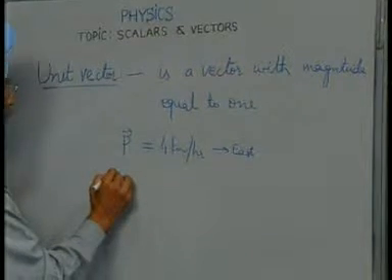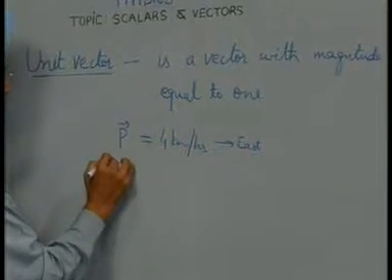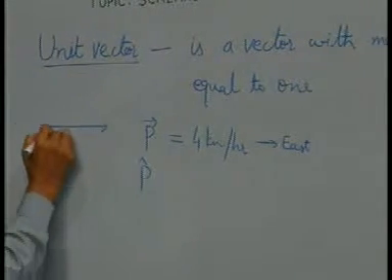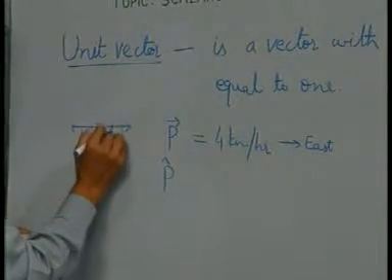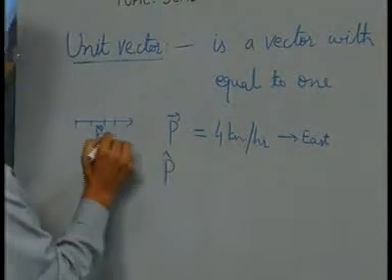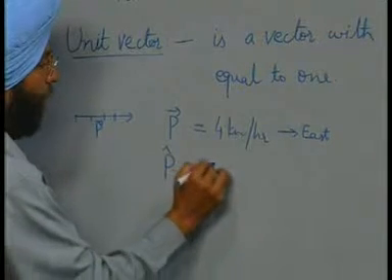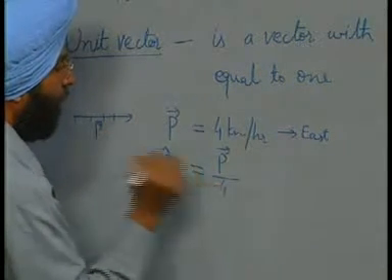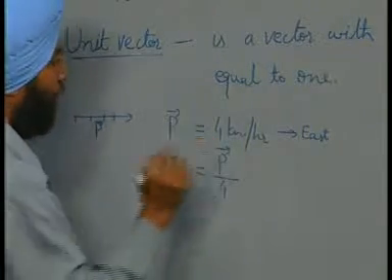Unit vector in the direction of P, we can represent this vector by this line. Unit vector in the direction of P is P vector divided by its magnitude, 4 here.